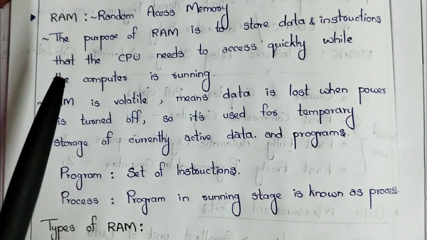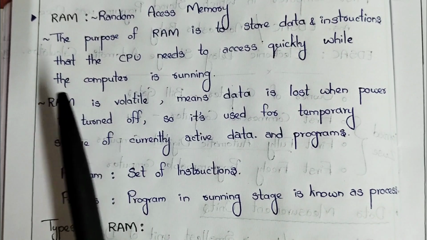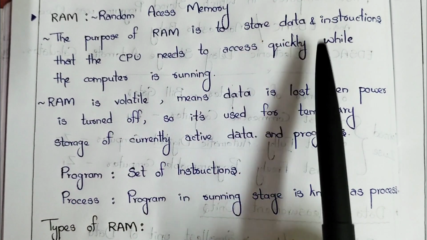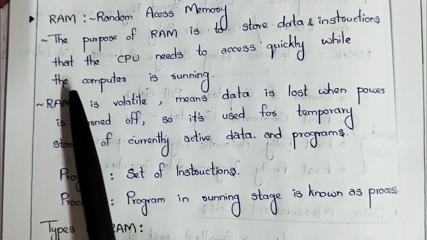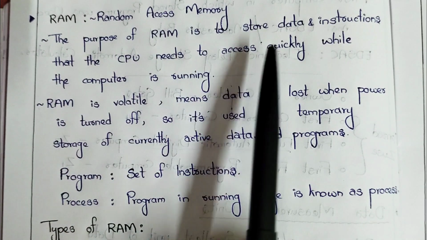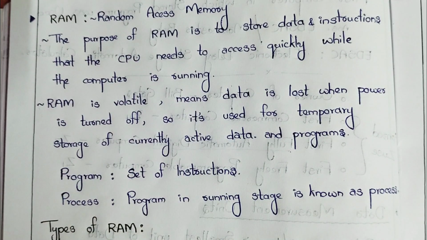RAM stands for random access memory, and the purpose of the RAM is to store the data and instructions that the CPU needs to access quickly while the computer is running. Let me give you an example of why this RAM is used.